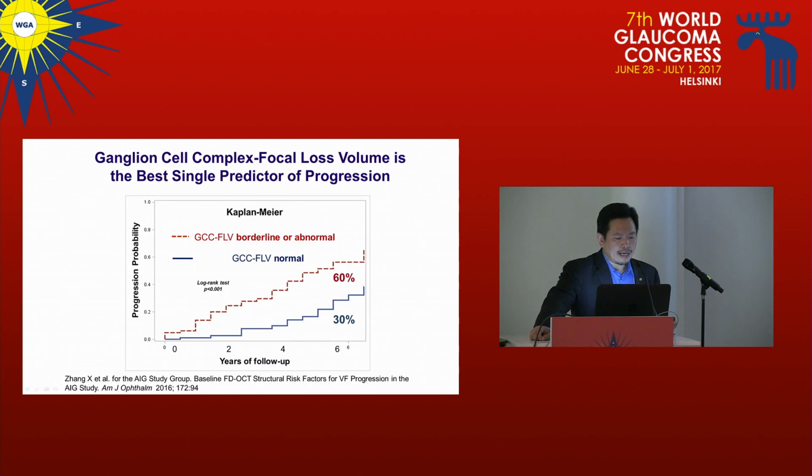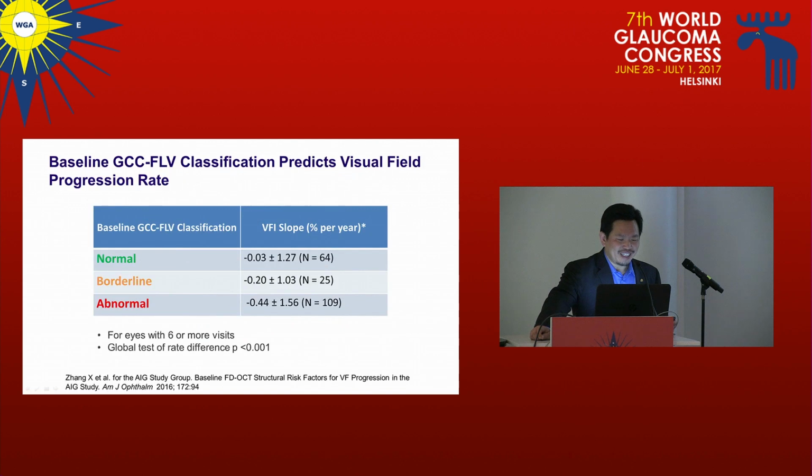So eyes with, again, borderline or abnormal GCC FLV have about twice the risk of detectable progression during the follow-up period. So it's important to look at the GCC to assess the risk of progression.